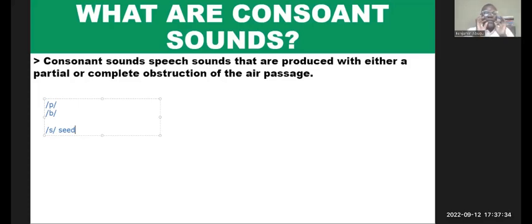Because there are openings through which the air can pass, the air keeps passing while I produce the sound, and it produces what you perceive as a hissing sound.